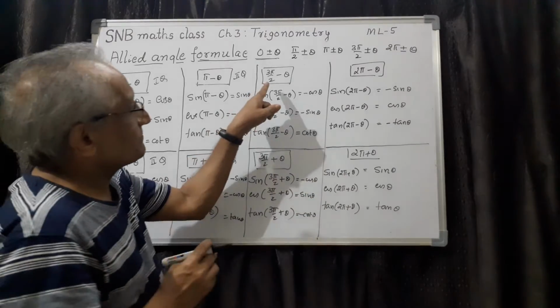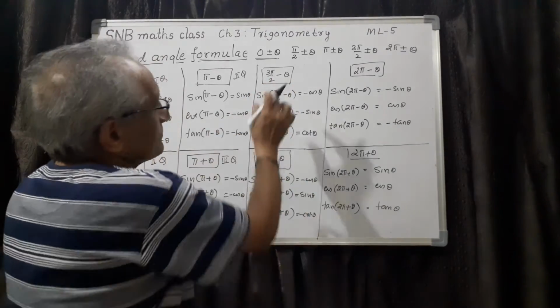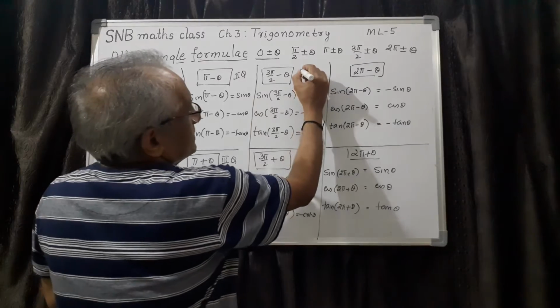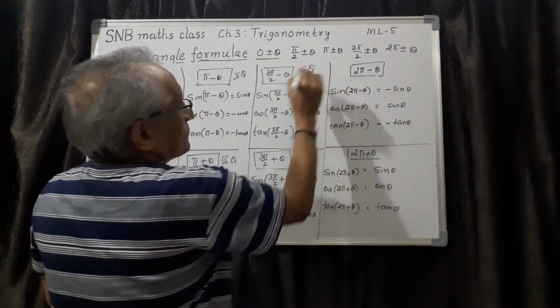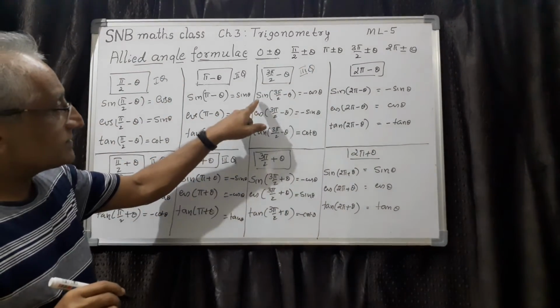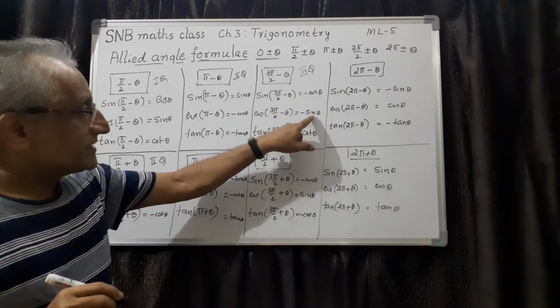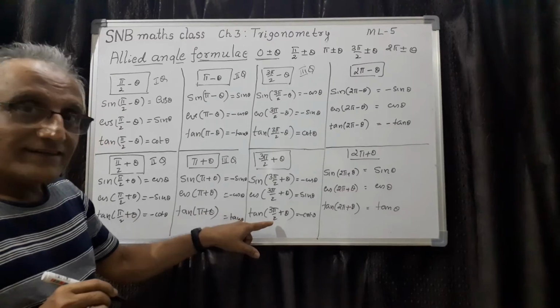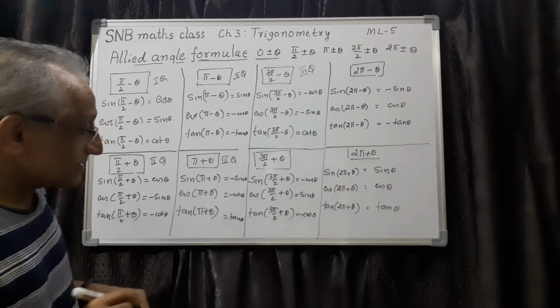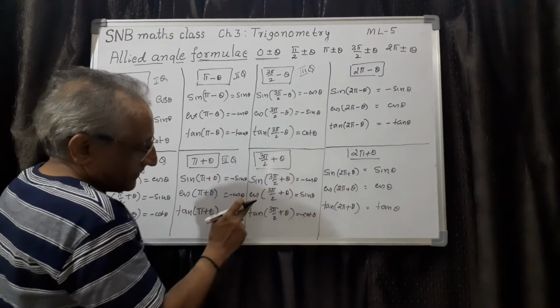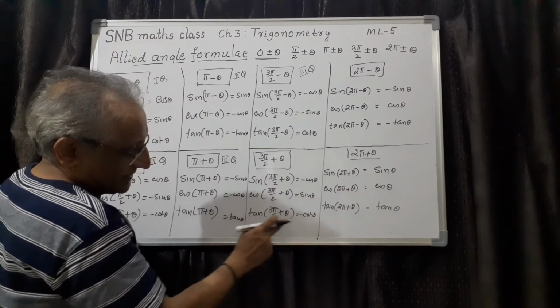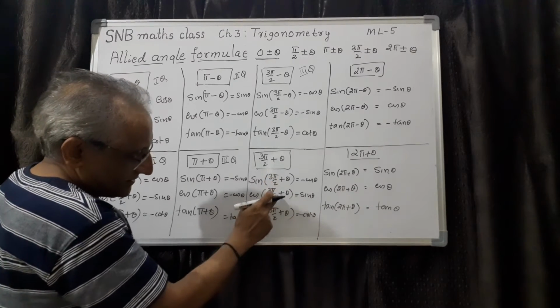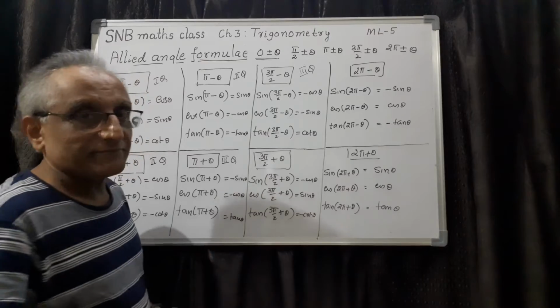Same thing here. 3 pi by 2 minus theta means this is the third quadrant. In the third quadrant, sin is negative, cos is negative, tan is positive. This is in the fourth quadrant, 3 pi by 2 plus theta. So here sin is negative, cos is positive, tan is negative. So you have to take this angle and then write the sign.